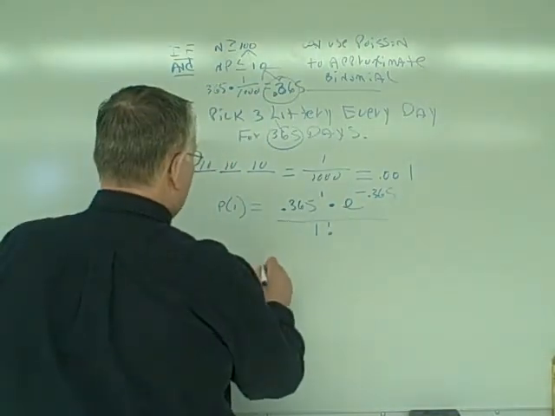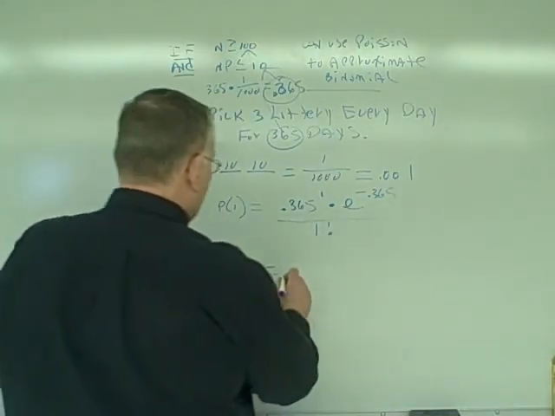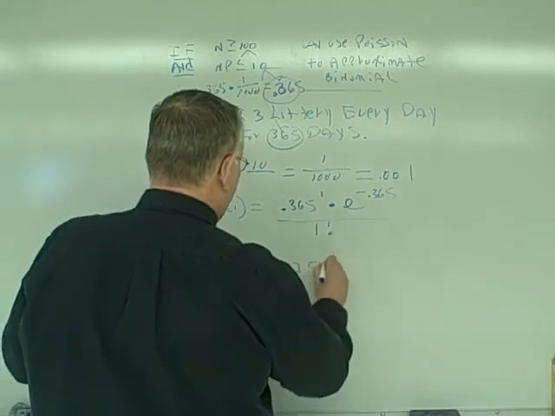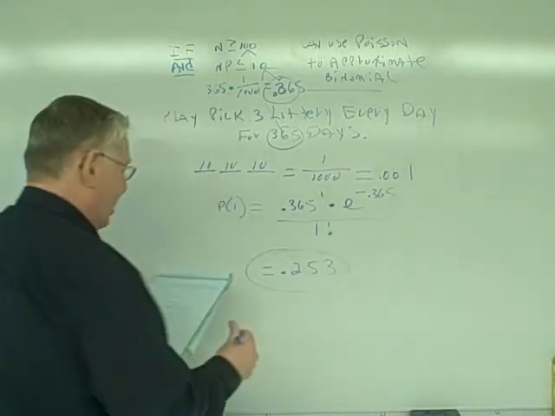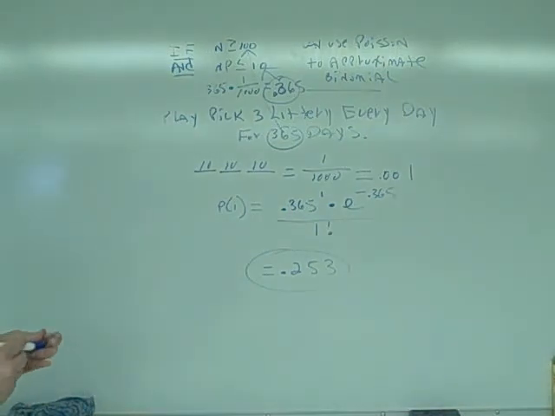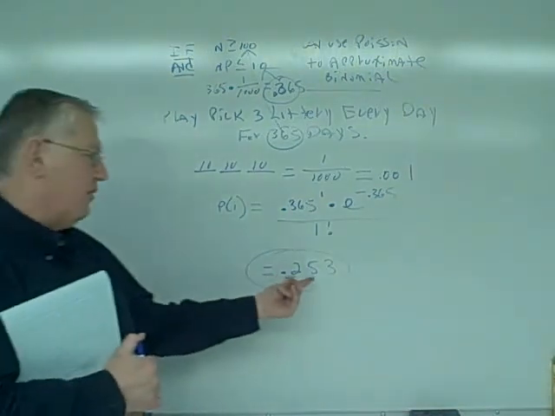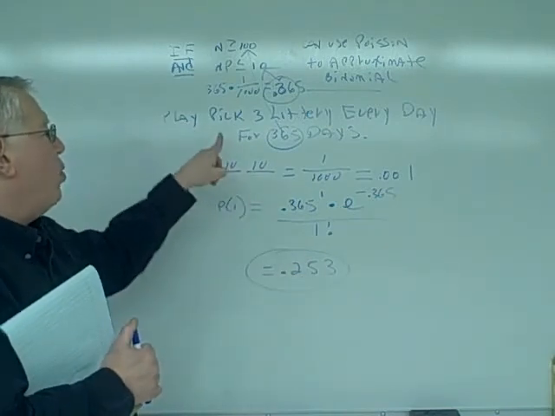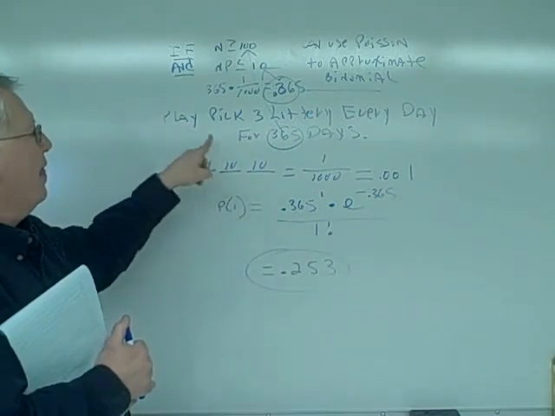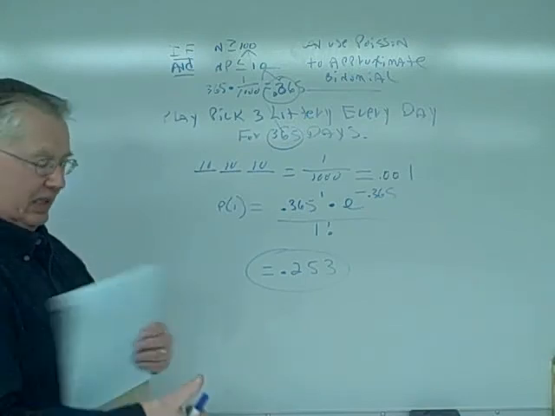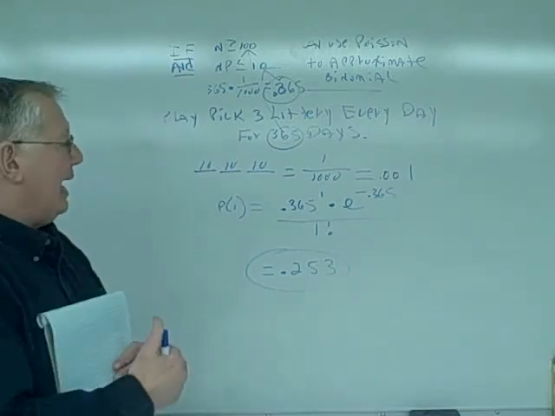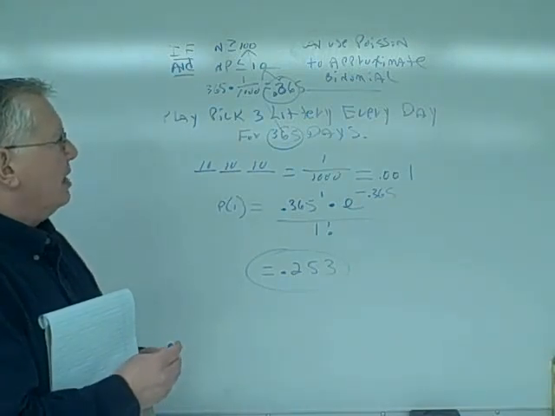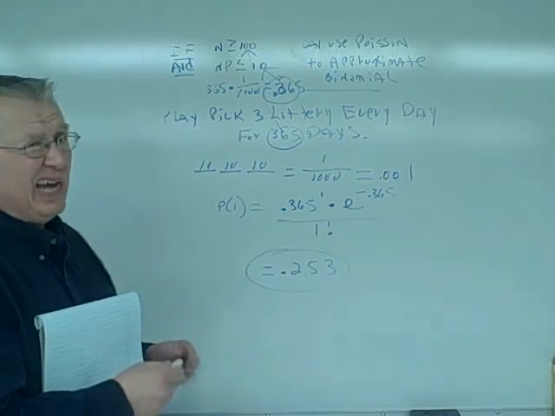And I think if you do those calculations, you're going to get a probability of 0.253. So you would have a 0.253, 25%, 1 out of 4 chance of winning once in 365 days. Again, as in all gambling, the odds aren't with you.